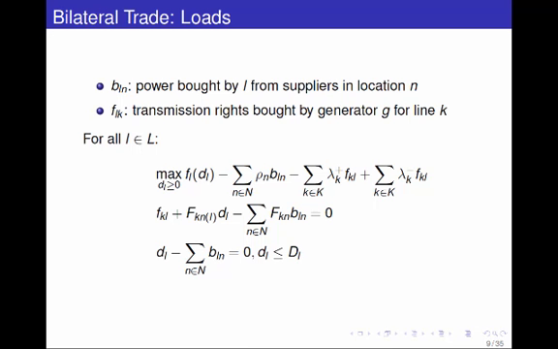The actual action of buying is the B variable. And rho is the price it can buy it at from suppliers in each area. So the benefit of consumption is this term. This is how much the load pays to buy it from different suppliers. So with this summation term, you're introducing the option of buying from anyone in the network. You're not restricted to a specific seller. And the total you consume is the sum of what you've bought from everybody.